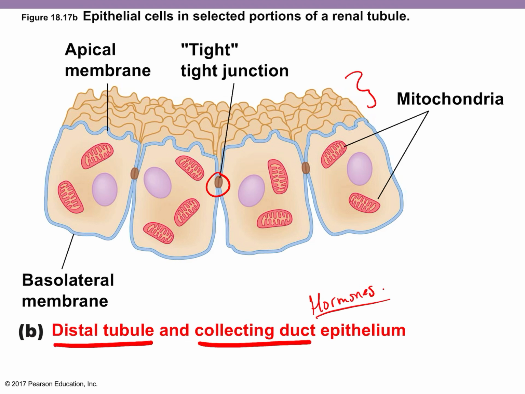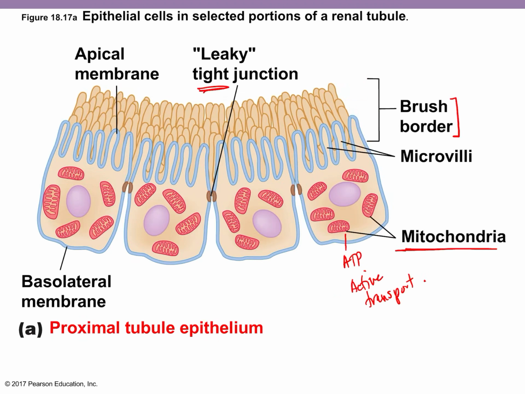So these respond to hormones. They're going to be more on an on-demand, regulated basis of what substances they reabsorb. And the proximal convoluted tubule is just built to reabsorb. So they're just always on, reabsorbing. So this is what we call unregulated.